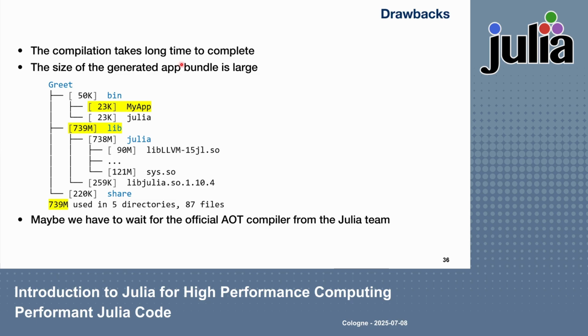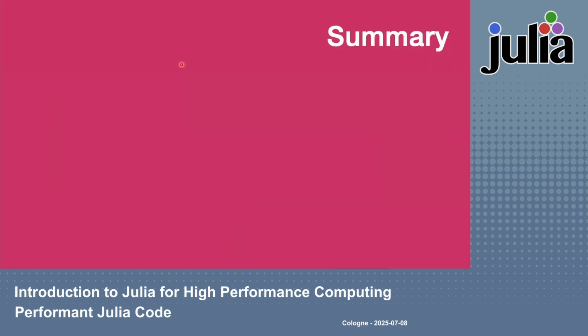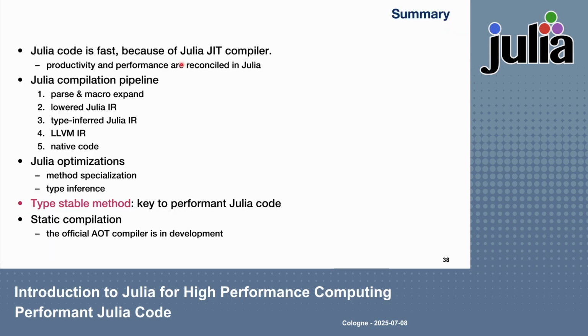So as you can see, at the end of the day, this Hello World application takes 700 megabytes. This is horrible, and this is only for Hello World. But you still have other packages that you can use. This is only one option. So I think time's up.